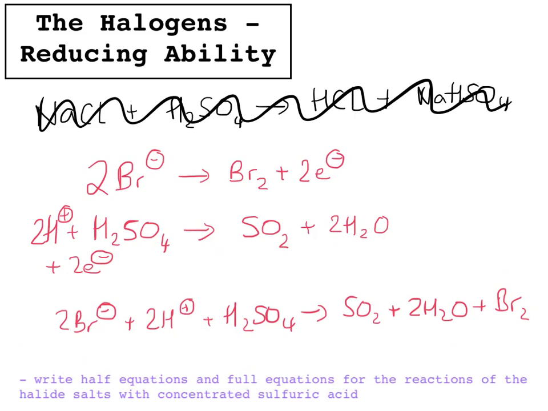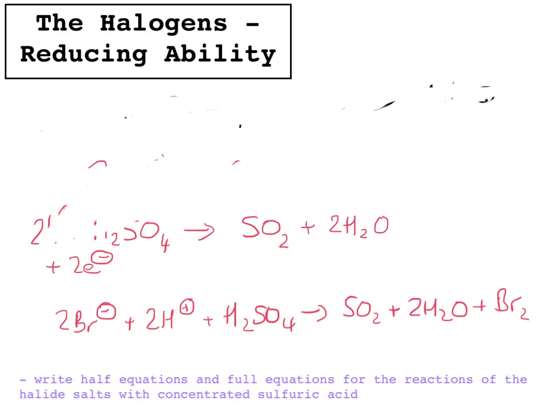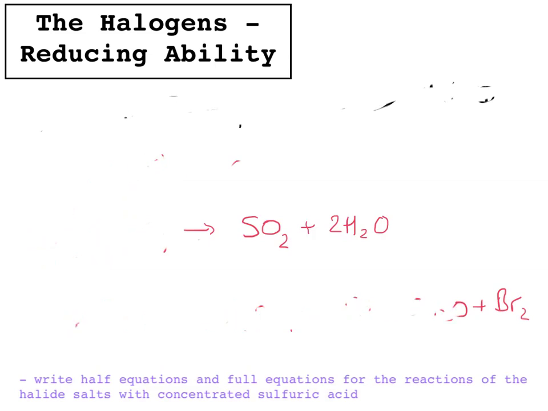The next one is the iodide ions, and I'm just going to show you the iodide ions reducing the sulfuric acid the most, to make hydrogen sulfide, that's the biggest reduction of all of them. So again, you've got your two half equations.